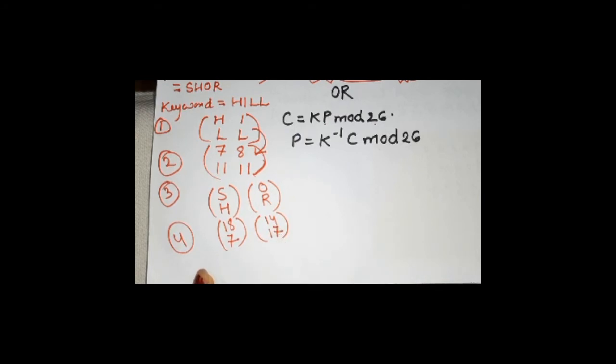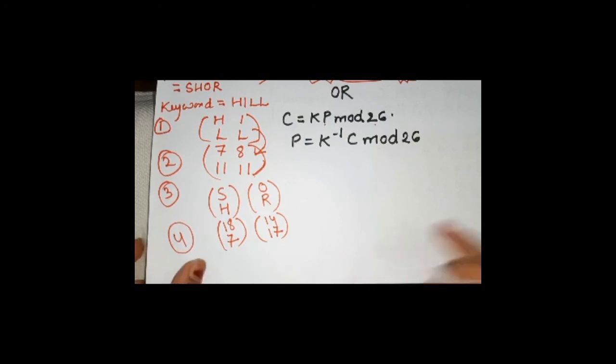How are we doing this? We are just giving A as 0, B as 1, C as 2, D as 3. This is how we've given number values to all the alphabets till Z, and Z is number 25. So this is how I am writing down my number matrix.